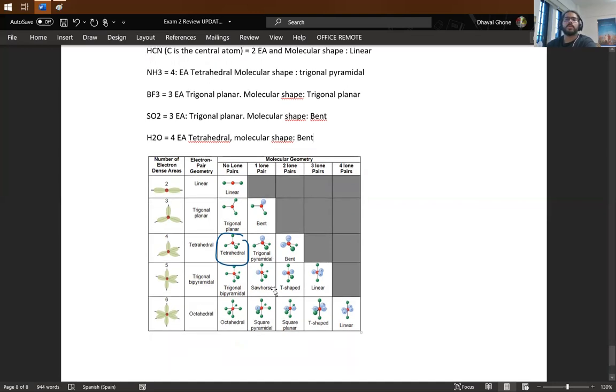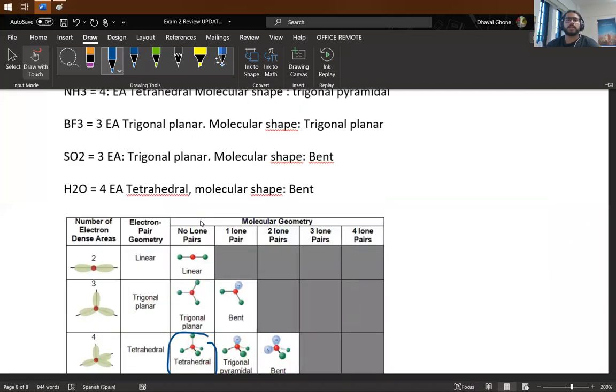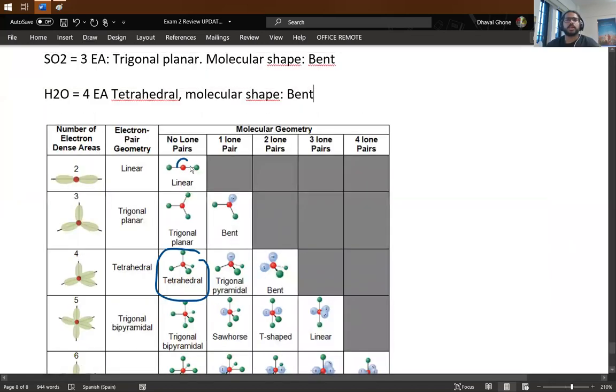While we are at it, why don't we talk about molecular bond angles? For linear, because it's straight, it'll be 180. Trigonal planars are 120, and bent would be less than 120. Why less?